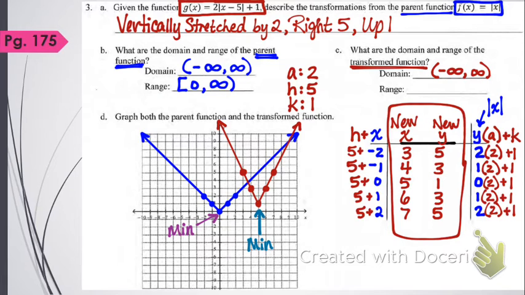Range, I still want to start with the lowest it ever goes and end with the highest. I don't care about the left and right part at all when I'm looking at the range. You said we have a minimum here, right? The lowest it ever goes is 1 with a bracket around it. What's the highest it ever goes? Infinity, because we have the arrows on the ends.